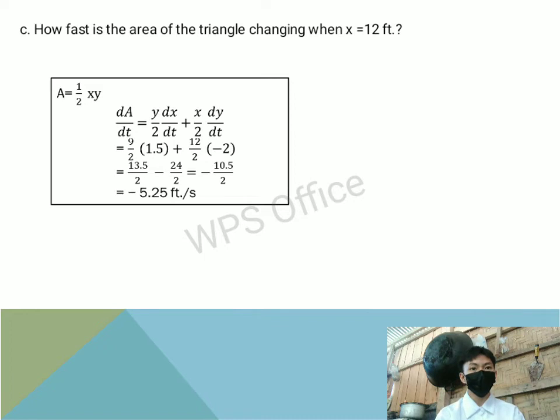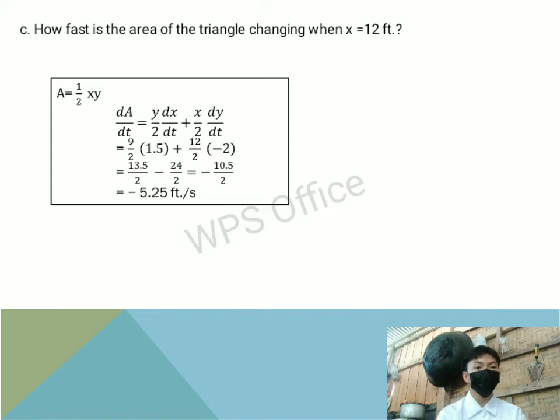So now let's proceed to problem C. How fast is the area of the triangle changing when x is equal to 12 feet? A is equal to 1 over 2 xy, so dA over dt is equal to y over 2 dx over dt plus x over 2 dy over dt, which is equal to 9 over 2 times 1.5 plus 12 over 2 times negative 2.